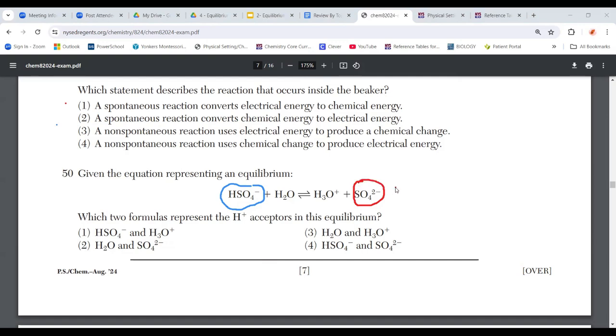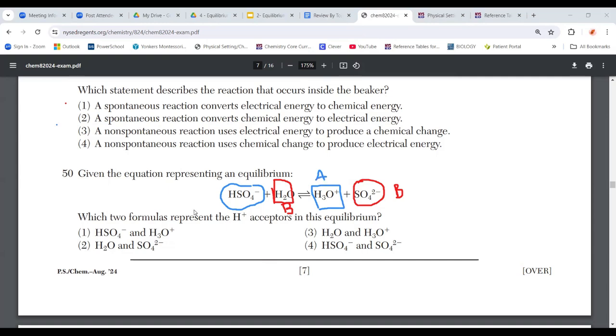So they actually become a base on the other side because they could accept a hydrogen. Okay? If you were the person who accepted the hydrogen on this side, you took the hydrogen and became H3O, you're actually the base on this side. But if you look at what happened to him on the other side, he now has that extra hydrogen and he could give it up, which makes him an acid over here.